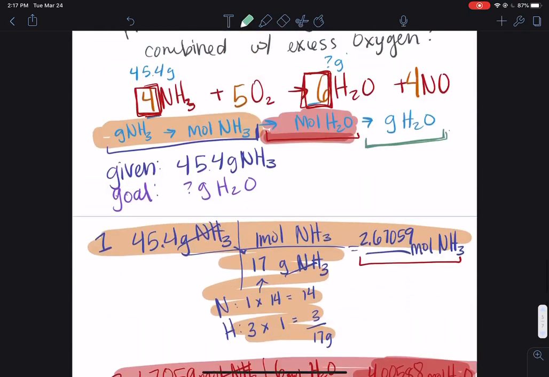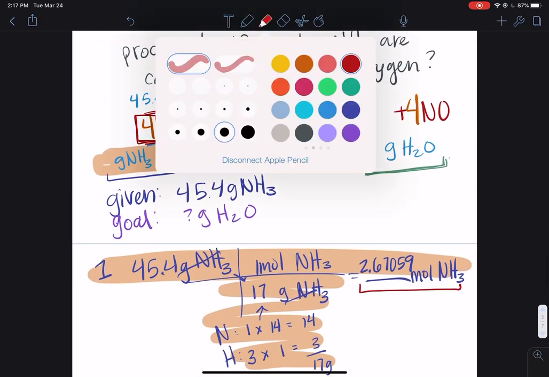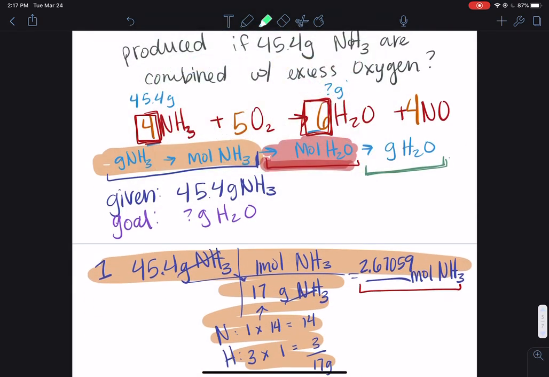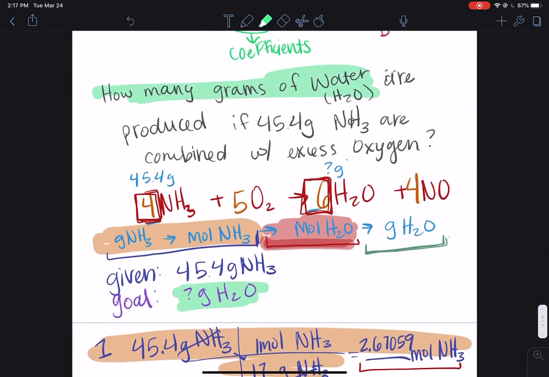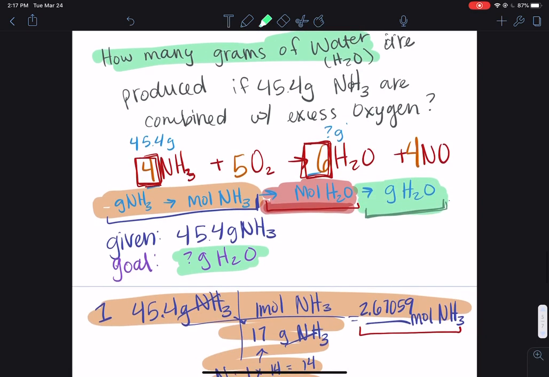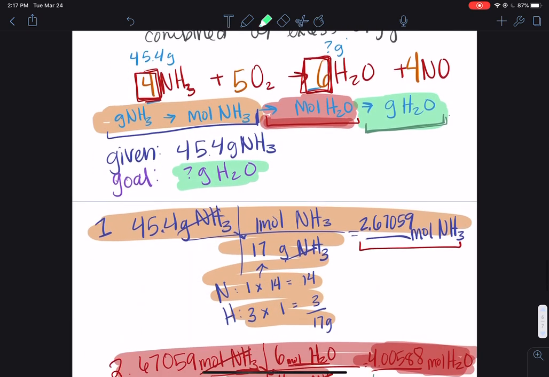Now we are done. How do we know we're done? Well, there's multiple ways you can tell. I'm finally at grams of water, and I was asked for grams of water. I'm also at the end of this 3-step method of going from grams of A to grams of B, this mass to mass conversion.